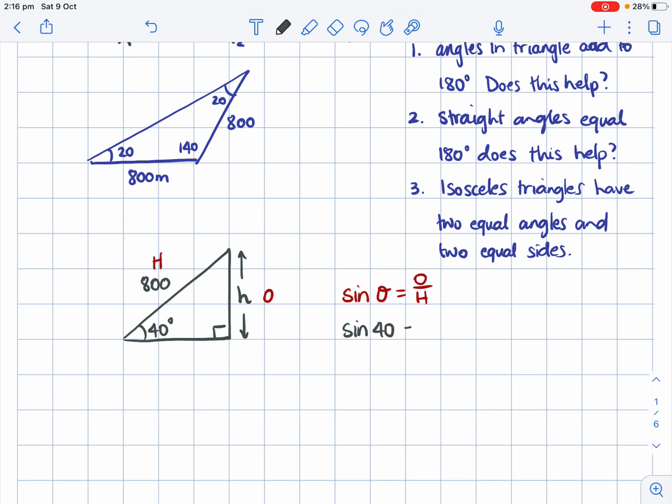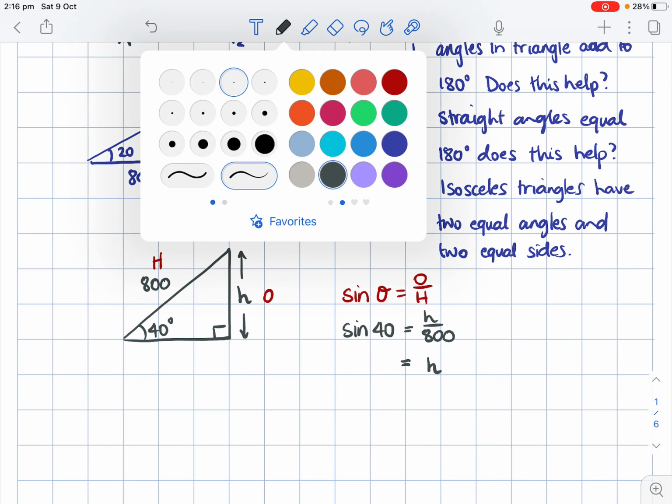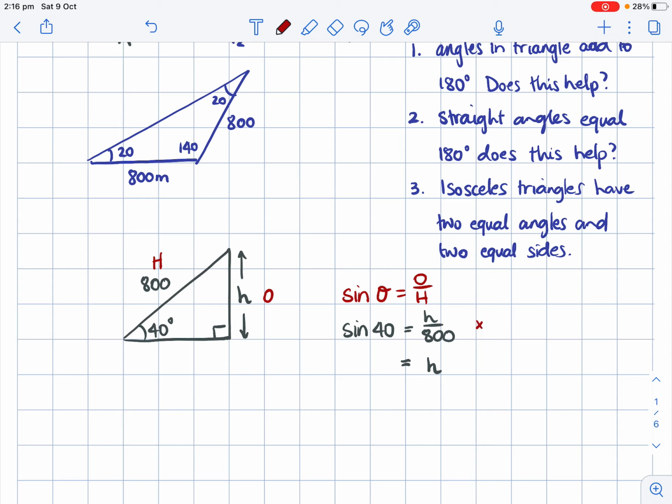So I know the angle is 40, the opposite is h, and the hypotenuse is 800. In this problem, I want to find out what h is. To find out what h is, I have to undo a divide by 800. And the opposite of dividing by 800 is multiplying by 800. So let's multiply both sides by 800.